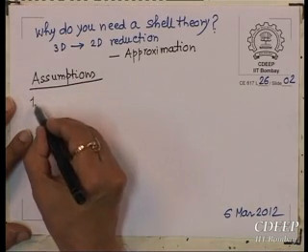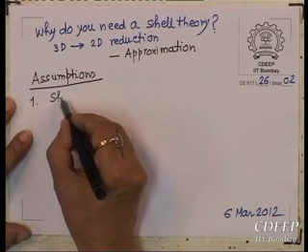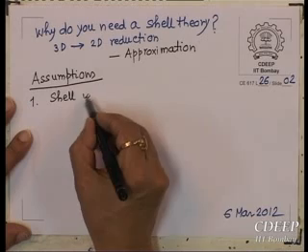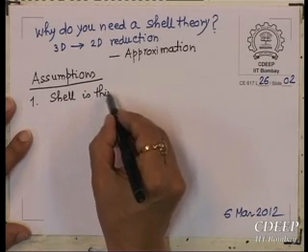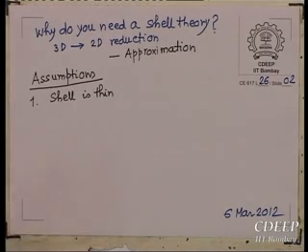What are the assumptions? The first one has to be that the shell is thin. What is thin? Just like plates, there are two sides of the coin. One is geometrical, the other one is mechanistic. The meaning of thin, geometrically, is that the thickness has to be small.